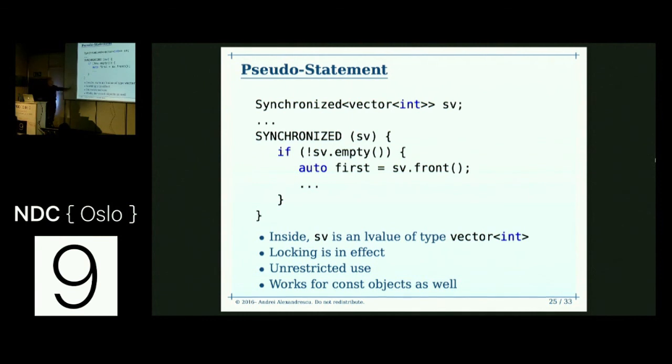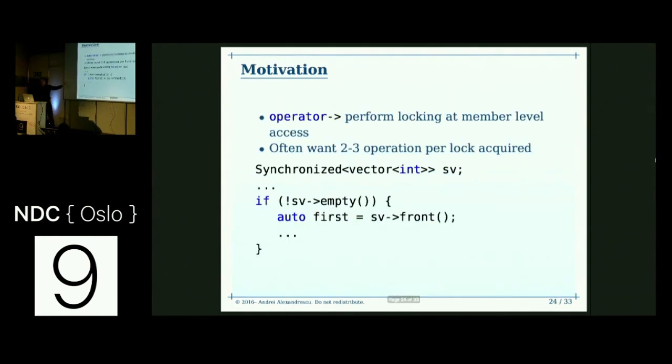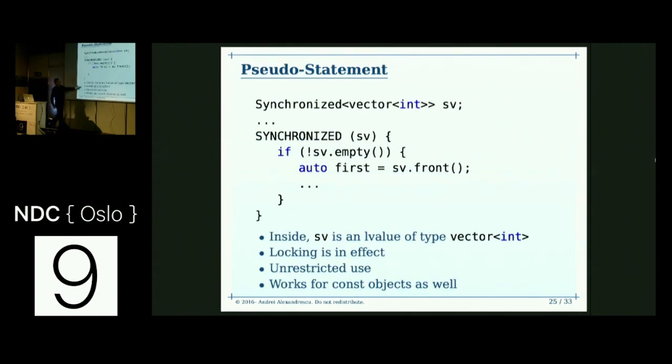So here you use the dot, and if you don't use a synchronized pseudo-statement, you just use the arrow. People mentioned that. Actually, it's easy to implement the macro to force you to use the arrow in both cases. I chose to allow people to use the dot because that pointer can never be null. So I don't think it's a huge problem. I think people just get used to it.